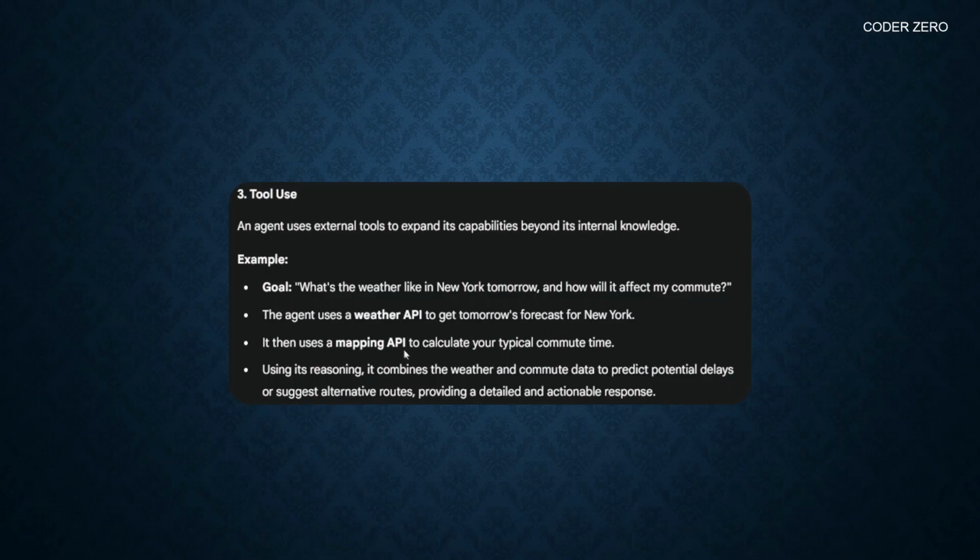It then uses a mapping API to calculate your typical commute time. Using its reasoning, it combines the weather and the commute data to predict potential delays and suggest alternative routes, providing a detailed and actionable response. So an agent has different kinds of tools, and it is able to use the appropriate tools to perform appropriate tasks.